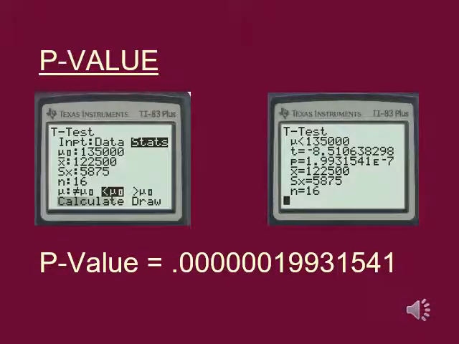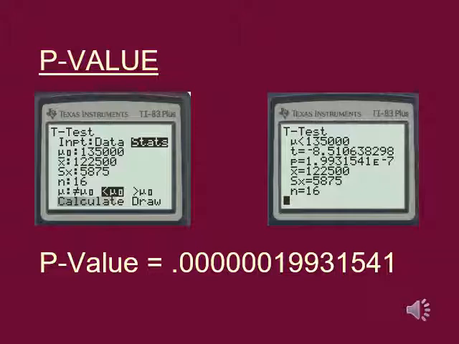So when I go and calculate my p-value, I go to stat, test, and t-test, and again, I just type in the numbers that are in the problem. You do need to be careful of the fact that a t-test is going to ask you things in a little bit different order than the z-test is. I actually personally think the t-test makes more sense.